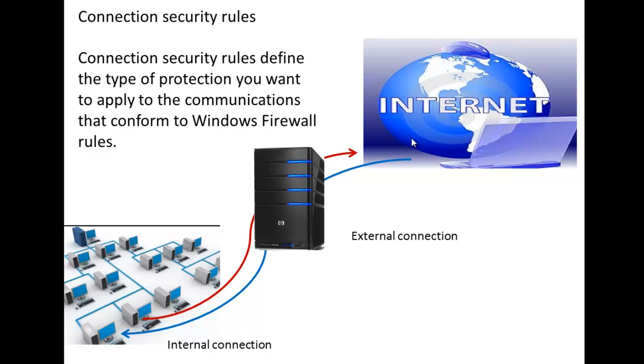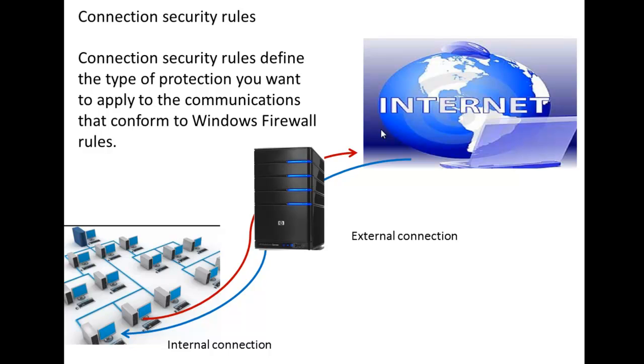Now, in our previous sessions, we have discussed Windows firewall rules. We can configure Windows firewall rules to filter traffic that's going out and filter traffic that's coming in. This traffic can also be protected.